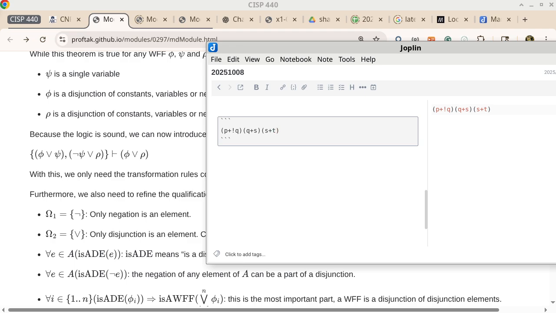This is one single conjunction. It has three components. Each component is a disjunction, and within each disjunction it only involves either a variable or the negation of a variable.